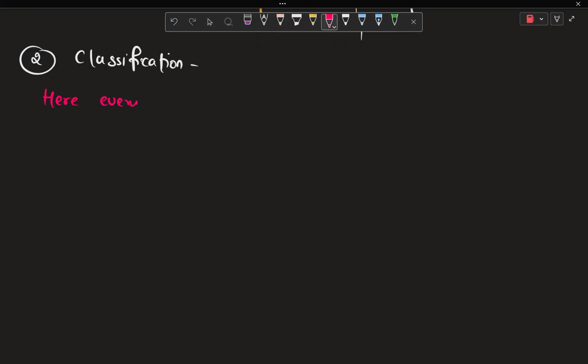Here every value in the output column, I should not say this, wait.